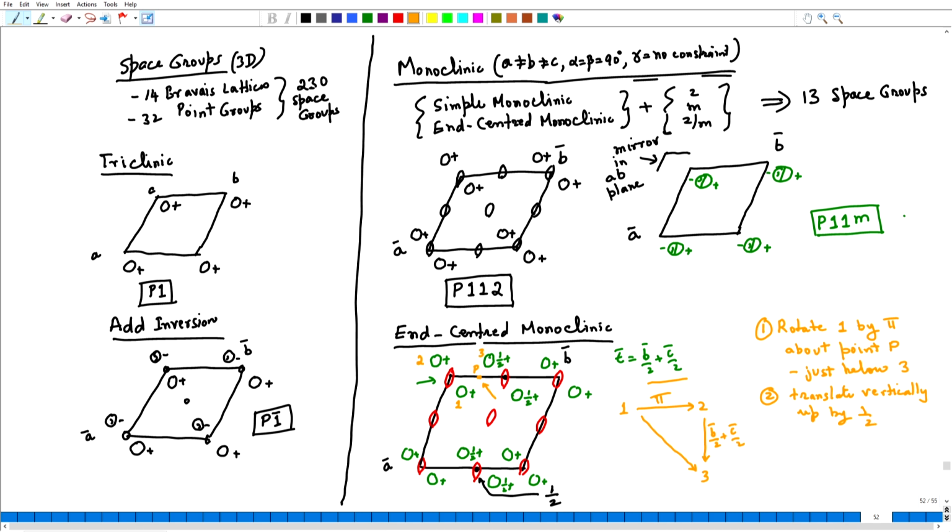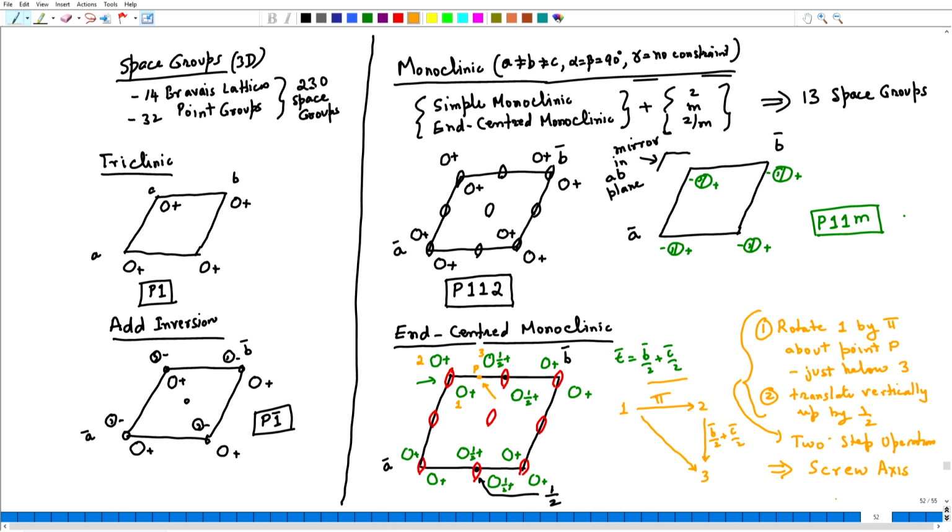So, therefore, this is an operation just like we saw a glide plane earlier. This is an operation which is a two-step operation. So, rotate by 180 degrees and then go up by half. And such a symmetry which has these two steps involved is called a screw axis.